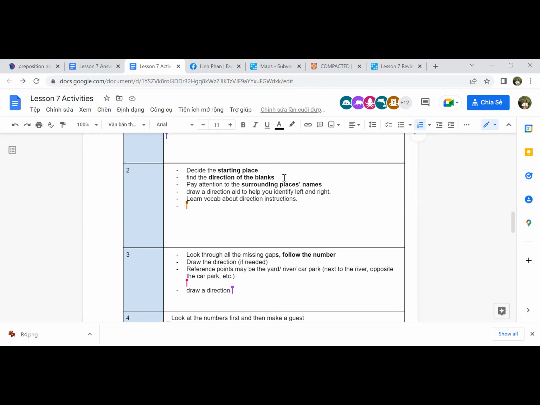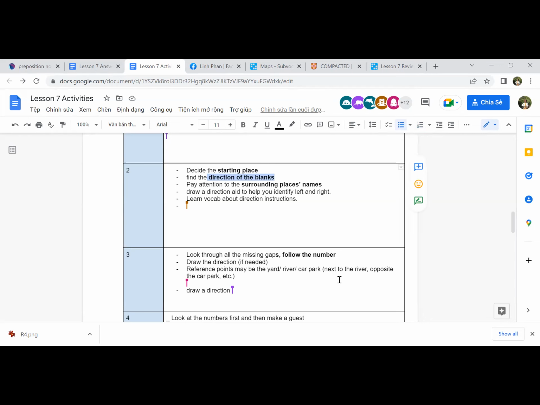Hello. You guys wrote here, find the directions of the blanks. Can you please explain why? Because for example, in this map, we can see that the directions of the blanks are quite special.